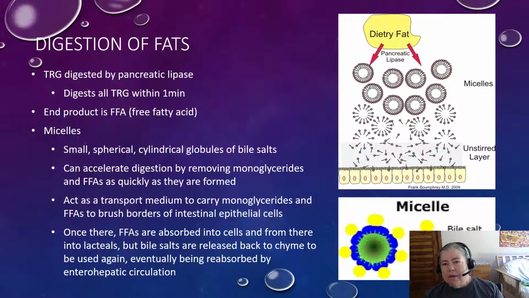Here the fatty acids are being broken off and released and absorbed into the brush border. The bile salts are left in the chyme, but eventually reabsorbed and returned to the liver through the enterohepatic portal circulation.